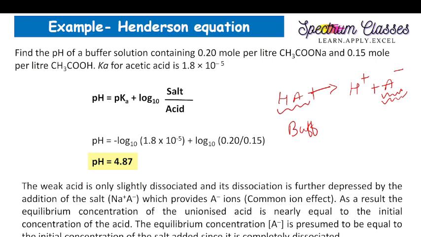A weak acid only slightly dissociates, and its dissociation is further suppressed by the addition of the salt, which provides A minus ions due to the common ion effect. As a result, the equilibrium concentration of the unionized acid is nearly equal to the initial concentration of the acid, and the equilibrium concentration of A minus is presumed to be equal to the initial concentration of the salt added, since it completely dissociates. So I hope you understand.